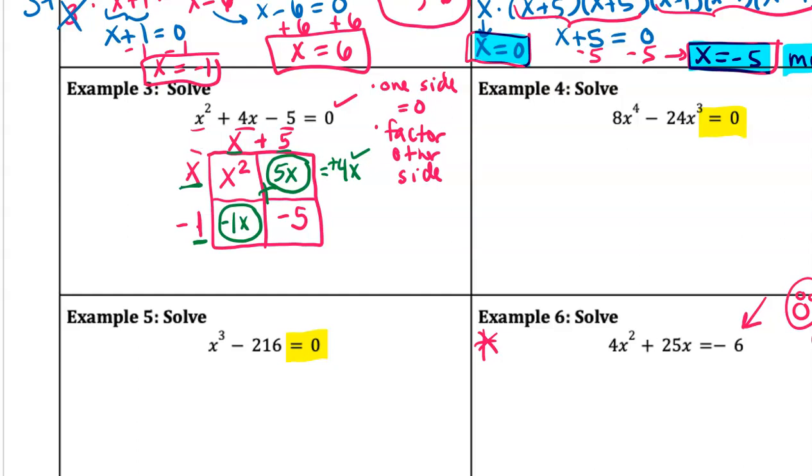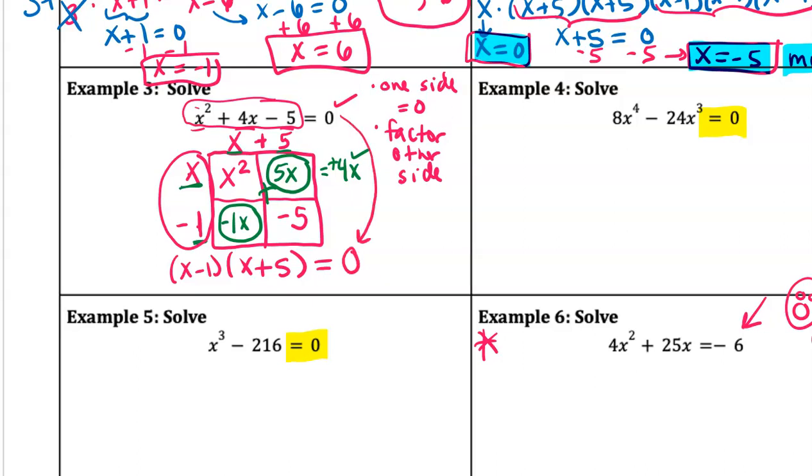Then these dimensions, the length and width, those are the factors, because those were the things that I multiplied together to get the area. So my area, of course, is this, but I recognize that this is the result of multiplying this length by this width, or x minus 1 by x plus 5. Meanwhile, I still have my 0 on the other side, so now I have a 0 product, right? A product of things equaling 0.